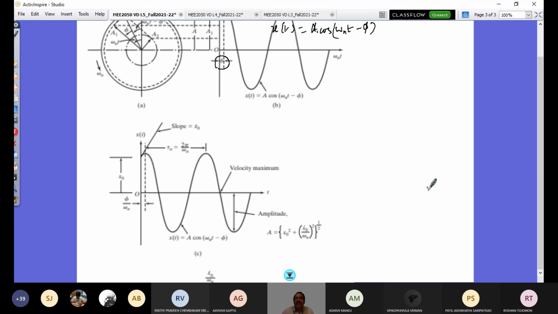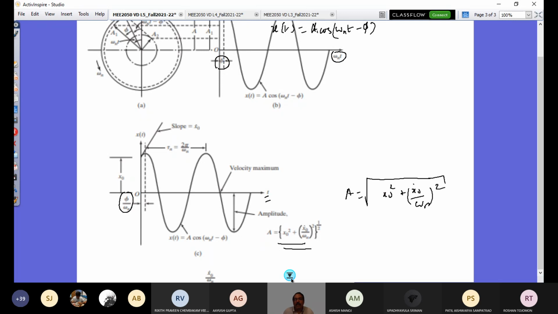It's a function of t. Here it is a function of angular displacement, and here it's a function of time. In a function of time, if you write, this phase angle should be divided by omega n. So phi by omega n is this time. So you define here your time period of oscillation. And your amplitude is the same as what we have looked at now. So A equals square root of x naught squared plus (x naught dot by omega n) whole squared, right? So that's the same, you have it here.